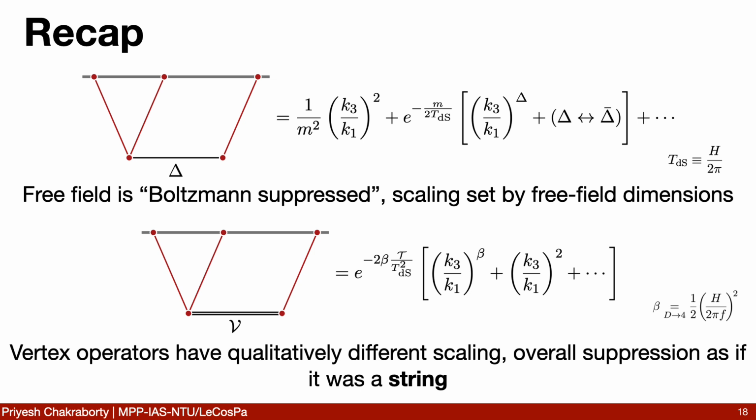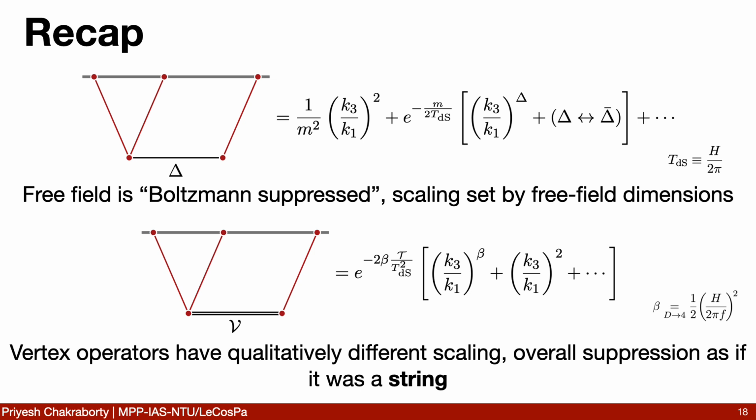Specifically, this exponential suppression is often phrased as a Boltzmann suppression, because it's as if you produced a particle in a thermal bath. So the cost of producing it is a Boltzmann factor, where sometimes people may write this in terms of the de Sitter temperature.